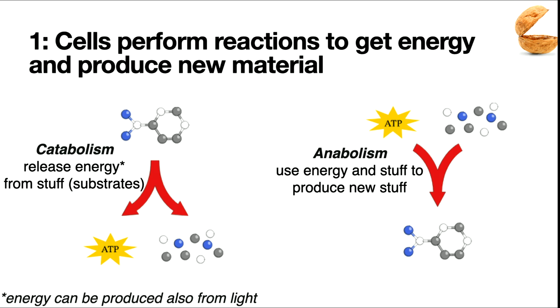Okay. So what we learned so far is that inside the cells there are chemical reactions, and these chemical reactions can be used to produce energy or to produce new material. Now, yes? These two ways, by material or by light, are just the main ones. But there is also, for example, heat.